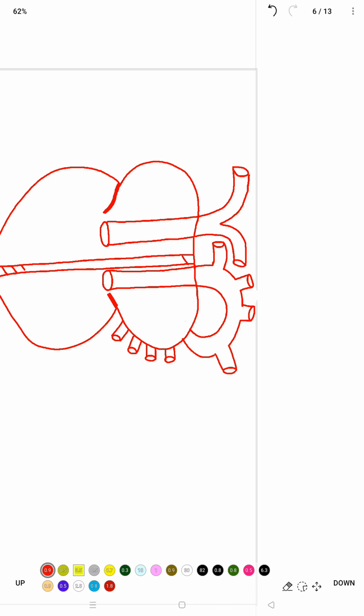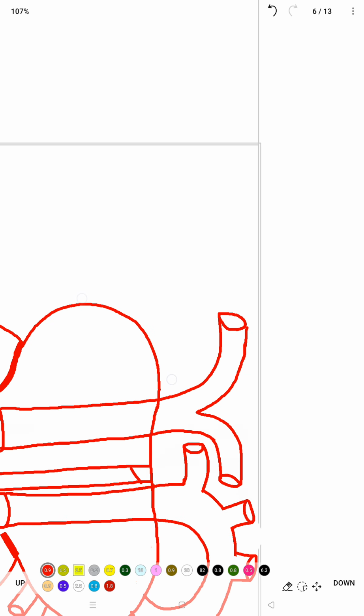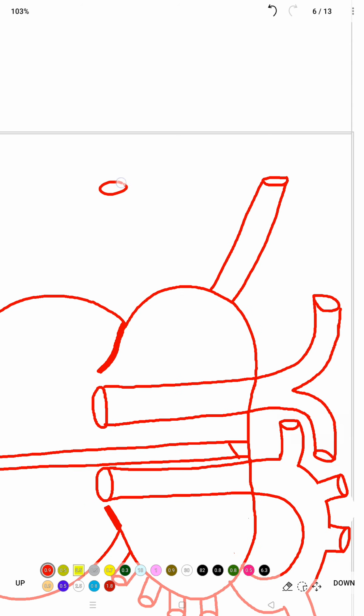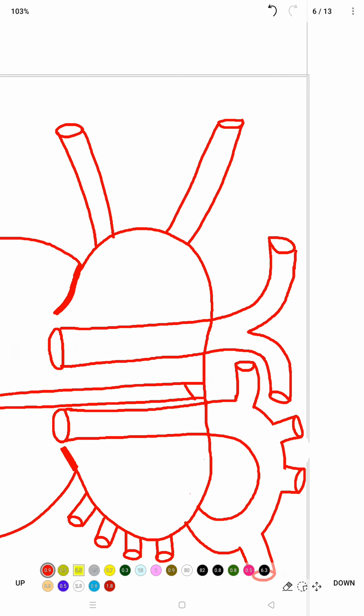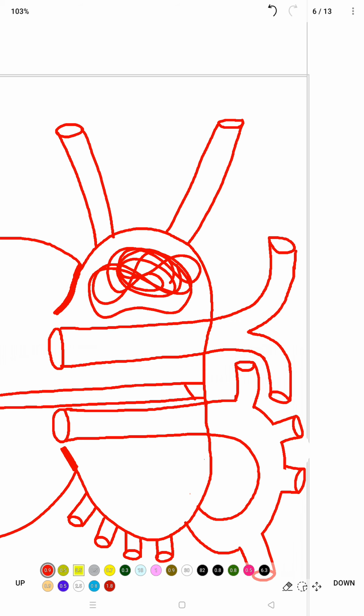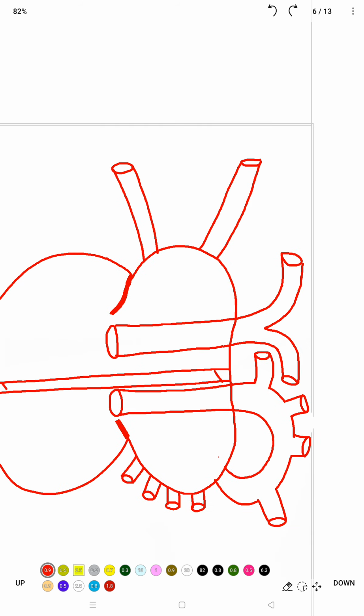Okay. And here two blood vessels are present, that is the superior vena cava and inferior vena cava, which supply deoxygenated blood to the right atrium.